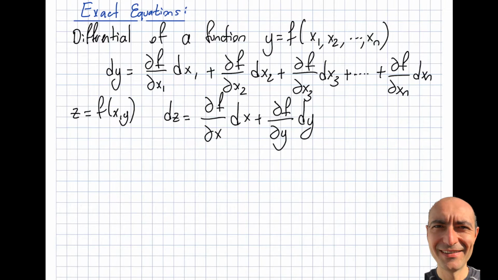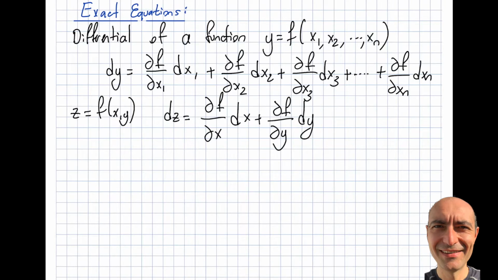That will be the differential of a two-variable function. Now this looks like a differential equation, because I talked about the differential form in the first module, where I called this m and this n, if you remember that. And this is dz.